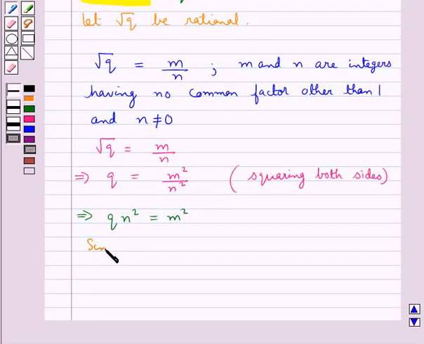Now since we know that q divides qn square, therefore we have q divides m square, since qn square is equal to m square.